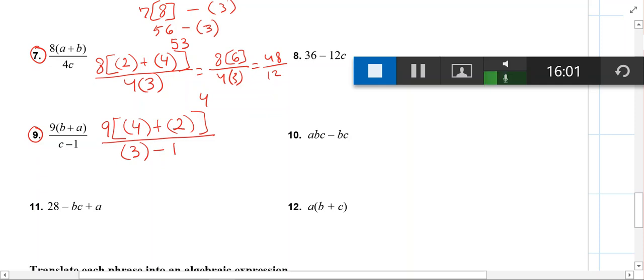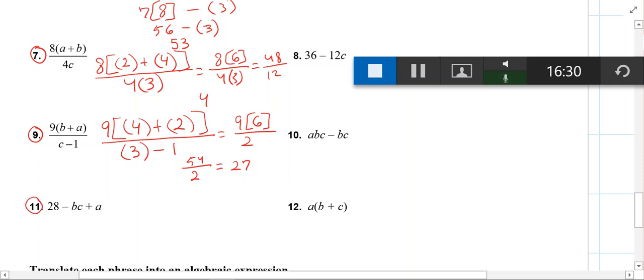All right, so 4 plus 2 is 6. I'll work to the right again. And on the bottom here is 3 minus 1, which will be 2. And 9 times 6 is 54. And 54 divided by 2 is 27.